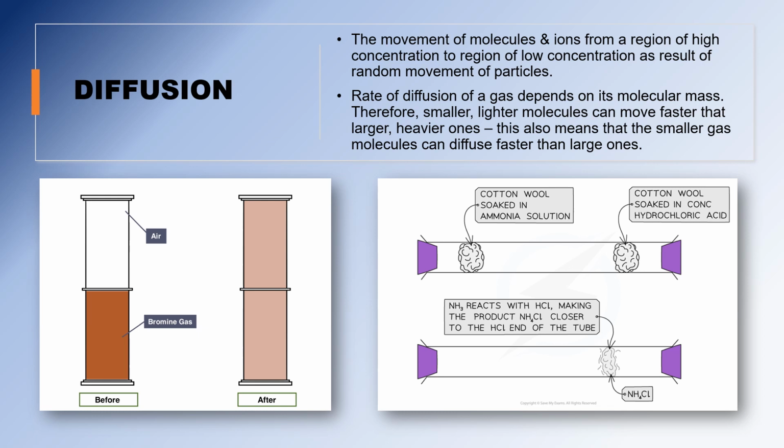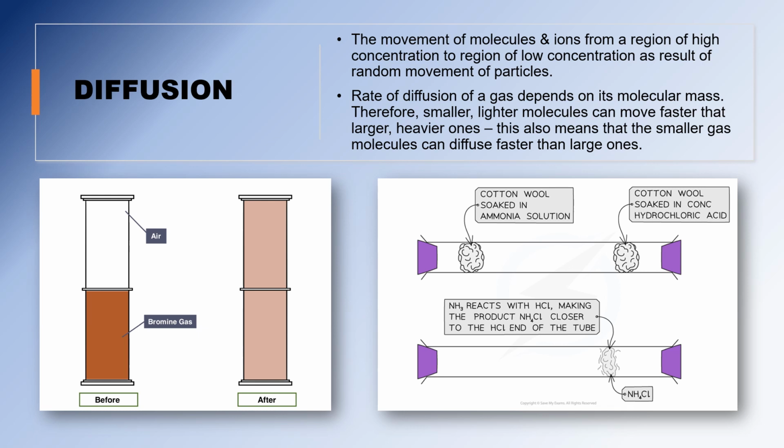So there is a glass tube and we take cotton wool soaked in aqueous ammonia and put it in one end of the glass tube, and at the other end we put cotton wool soaked in hydrochloric acid. Both these cotton wools give off fumes of ammonia gas and hydrogen chloride gas, and they move along the glass tube by diffusion.